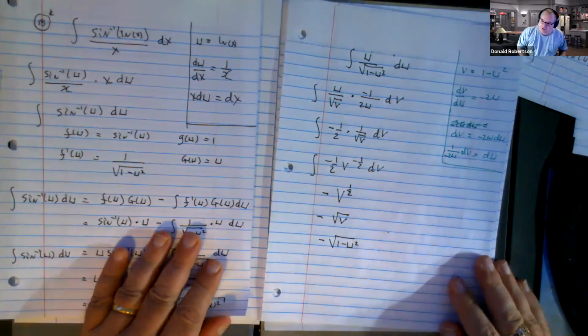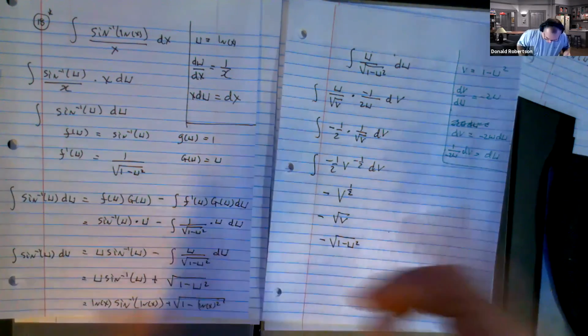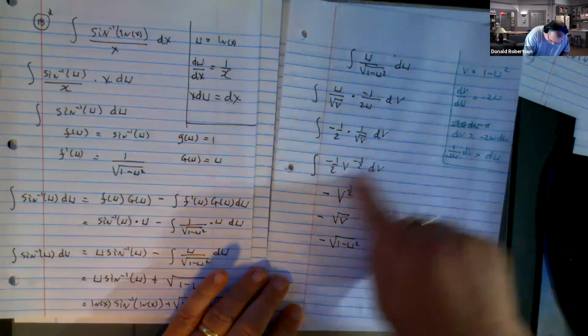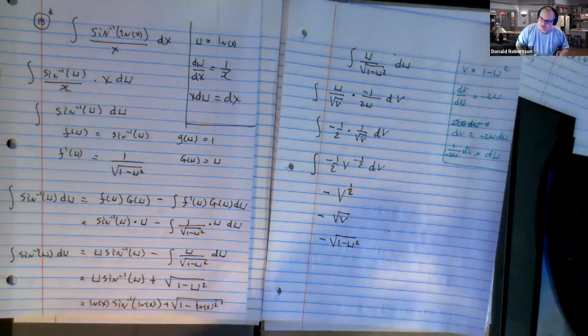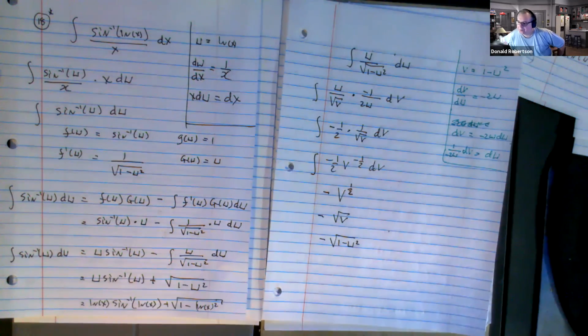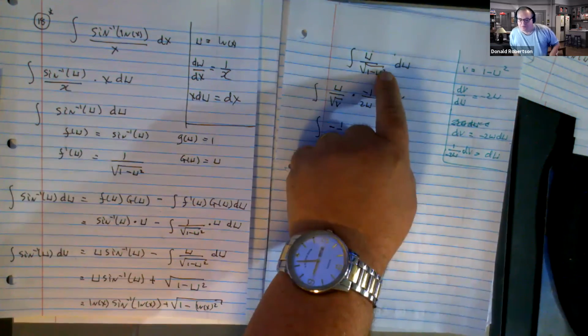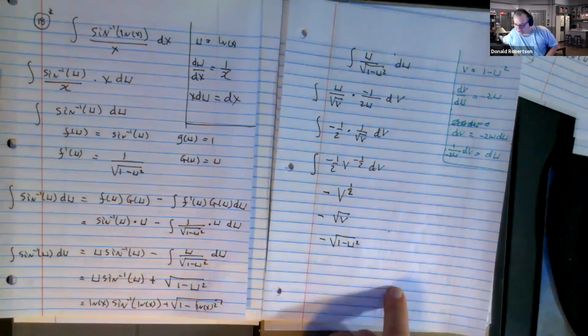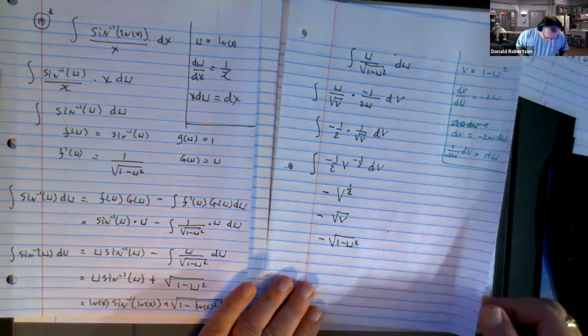It didn't happen here, but can you imagine we did a U sub, and what we got was a guy that then needed integration by parts done on it? And so you would have an integration by parts that created a U sub that then created a different integration by parts, and then you got your answer. So there are all sorts of combinations out there that could interfere with your brain.